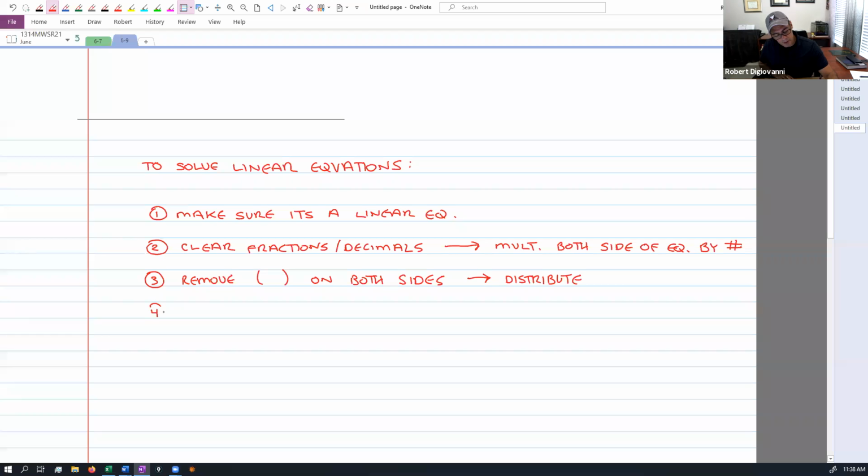The fourth thing I'm going to do is combine like terms on both sides. And then what we're going to do is isolate the variable.